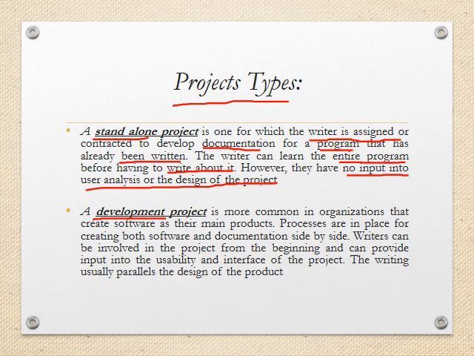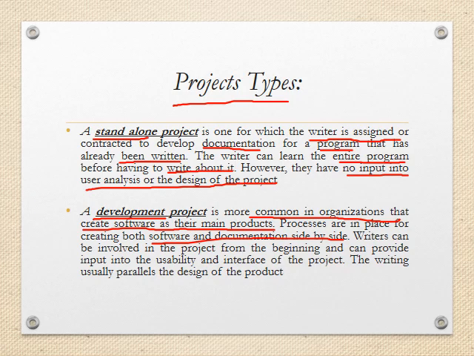The second type, development documentation process, is more common in organizations that create software as their main products. Big companies like Microsoft have a development team and a writer is part of this team. Processes are in place for creating both the software and documentation side by side. These companies create software with documents together at the same time in parallel.